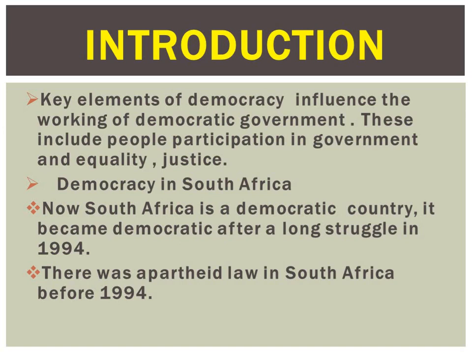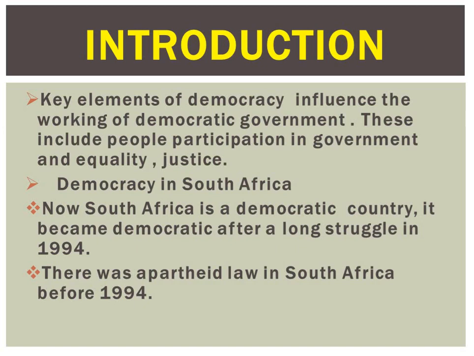Democracy in South Africa. If you remember, we talked about South Africa, that country became a democratic country in 1994, and before 1994 there was the apartheid law going on in South Africa.